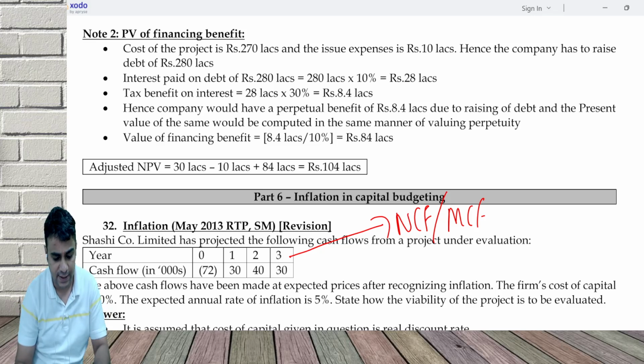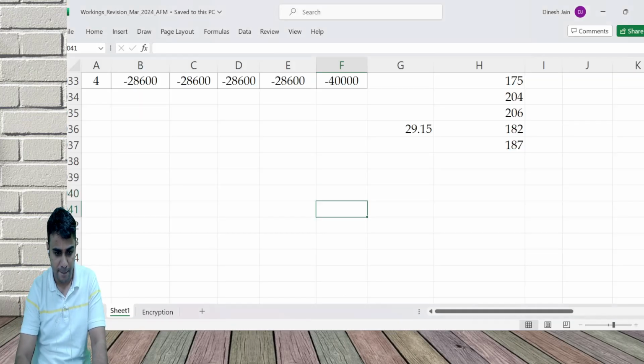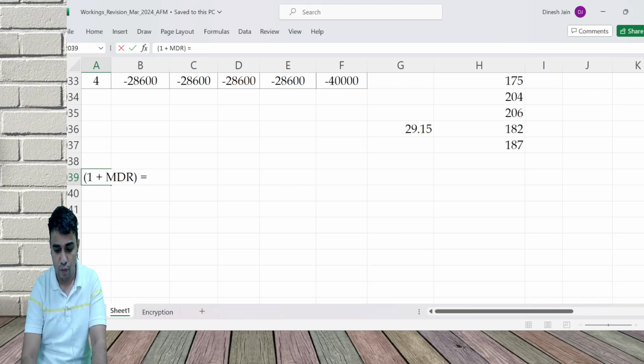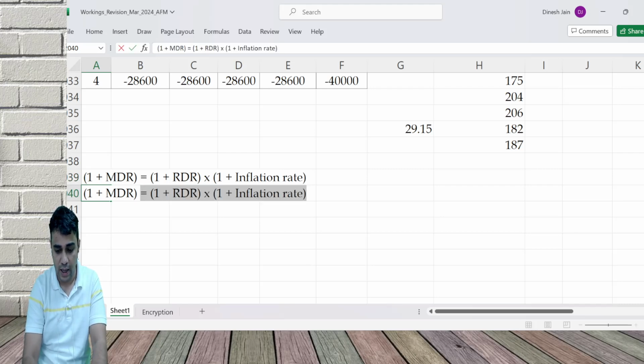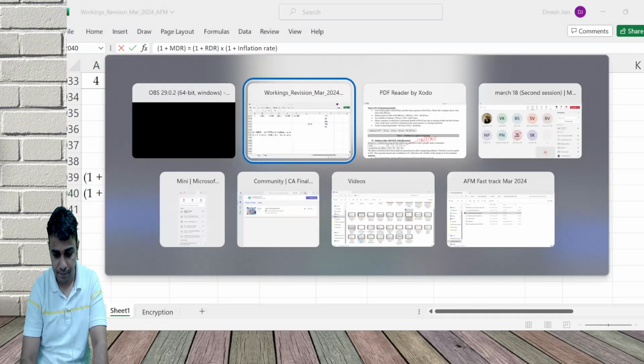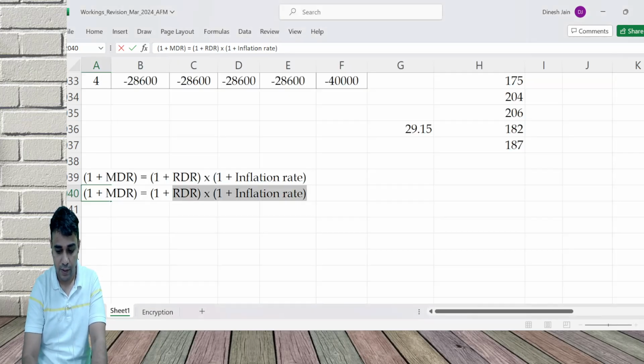1 plus MDR is equal to 1 plus RDR into 1 plus inflation rate. What is the RDR given in the question? 0.1, 10%.